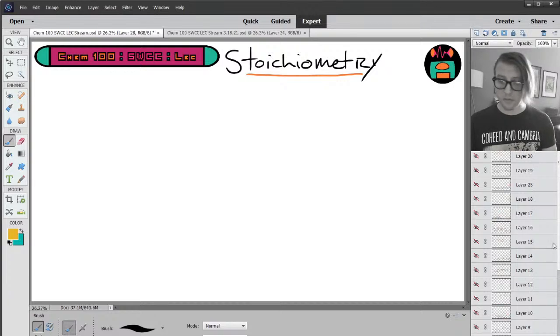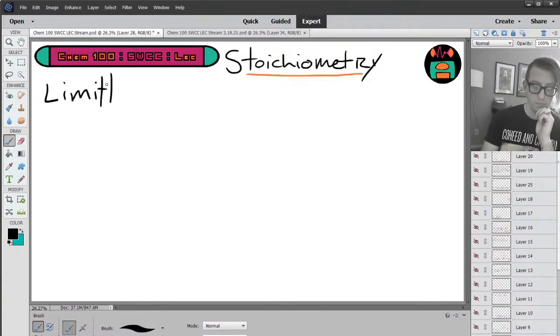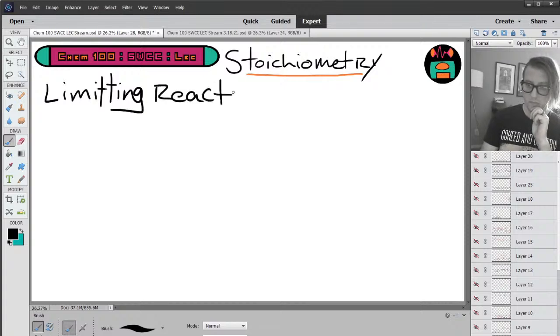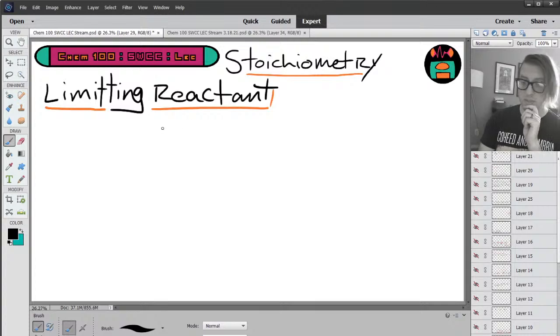The next thing is probably the most challenging topic in stoichiometry, and that is the idea of the limiting reactants. You run into limiting reactant problems with examples like the following.